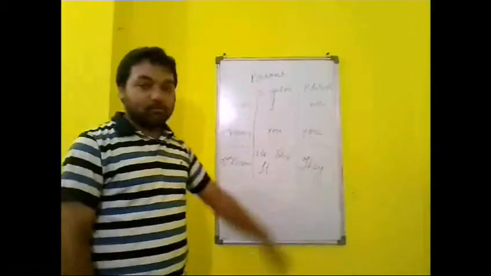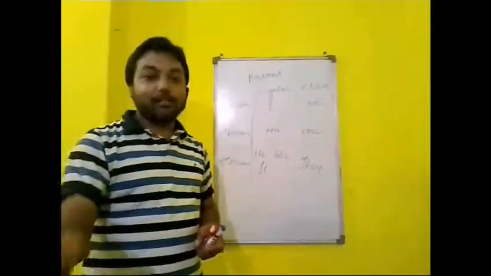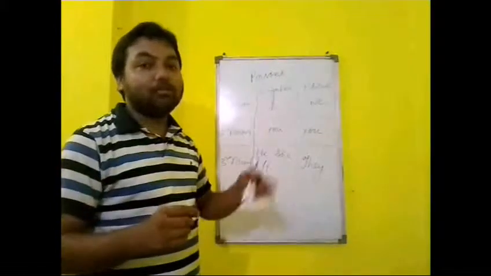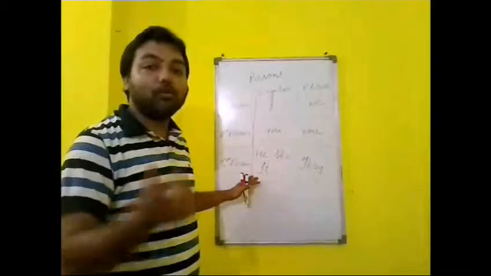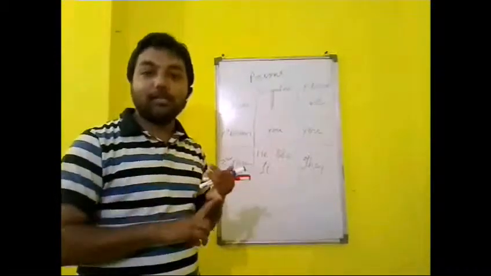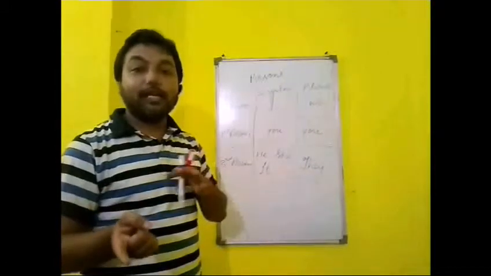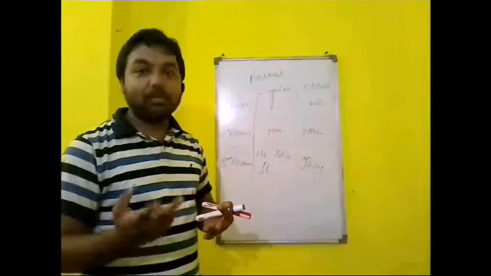So in this short lesson, we have not entered into tense, but we have studied the different things that we need to know before going to tense. First we learned subject, second object, third verb, then types of verb, auxiliary verb and main verb.